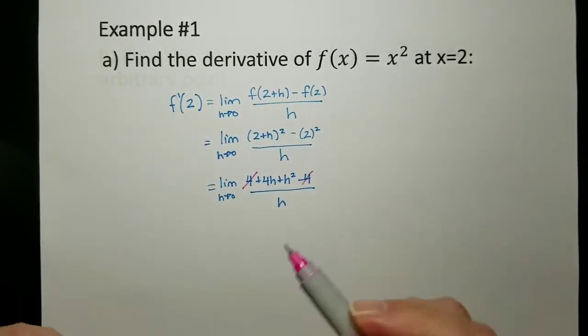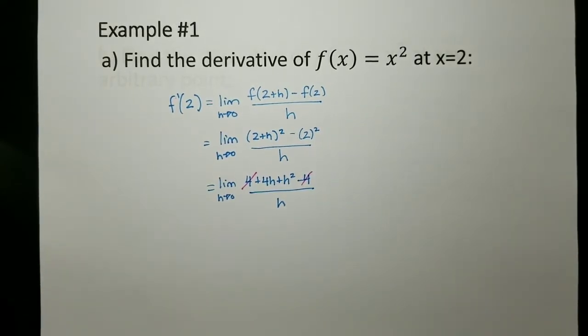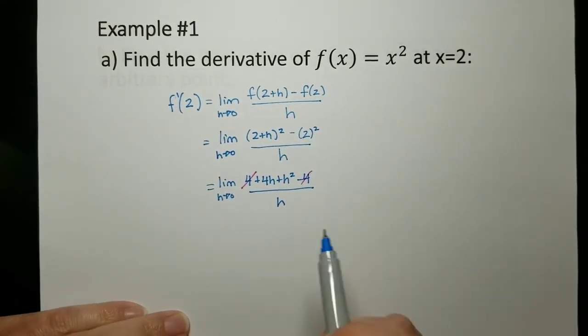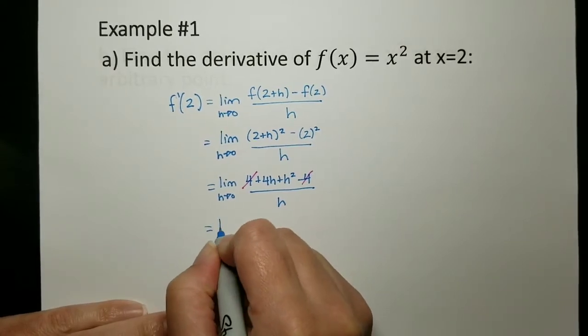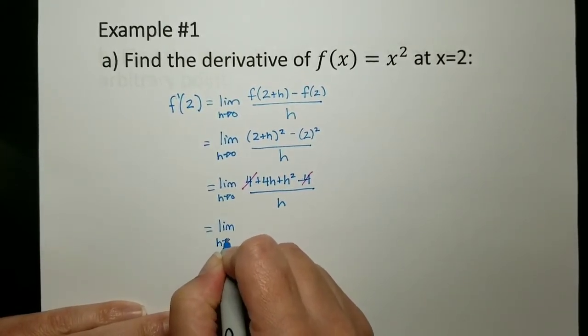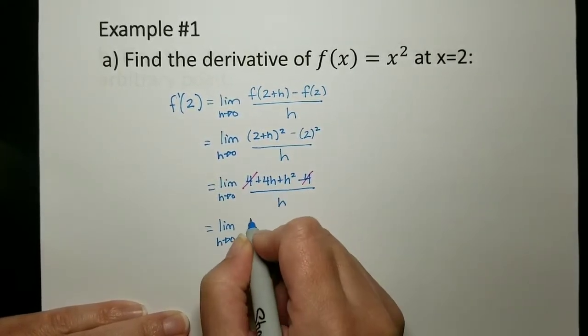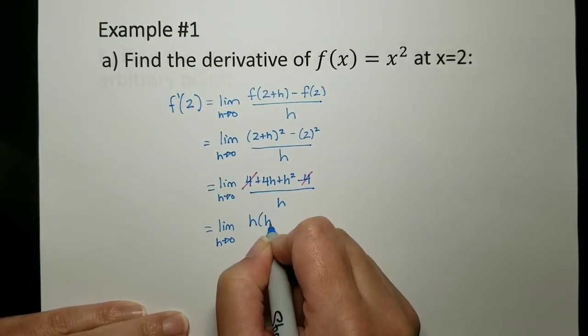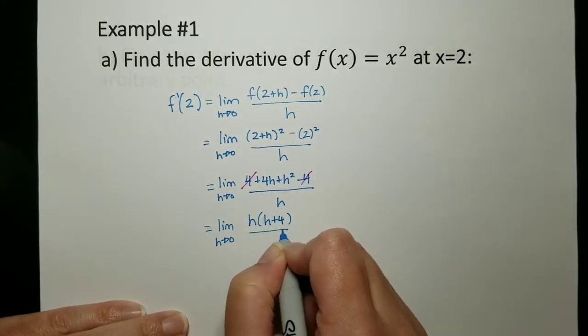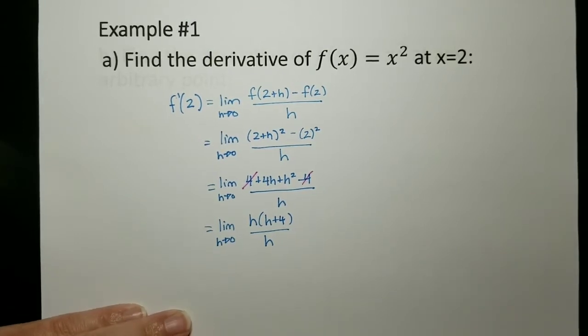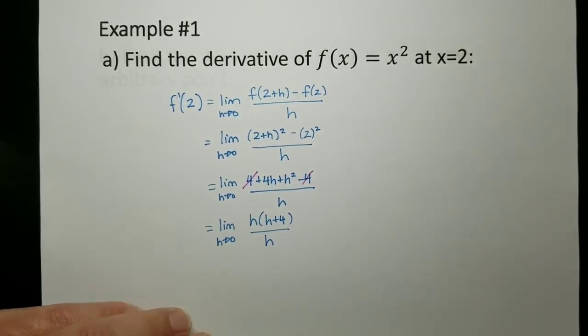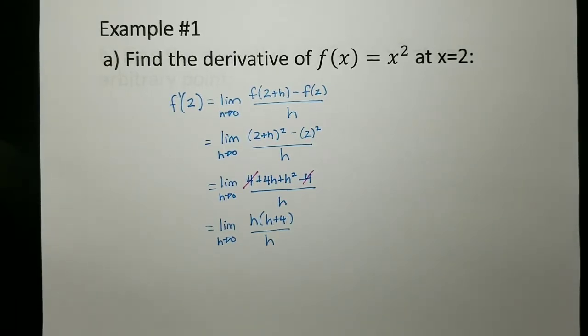That minus 4 disappears, and on the top now I can factor. I still need to keep my limit because I haven't taken the limit yet. I'm going to factor that numerator and call it h times 4 plus h, over h. And then again, of course, that can reduce, and now I've gotten rid of what's giving me that indeterminate form.